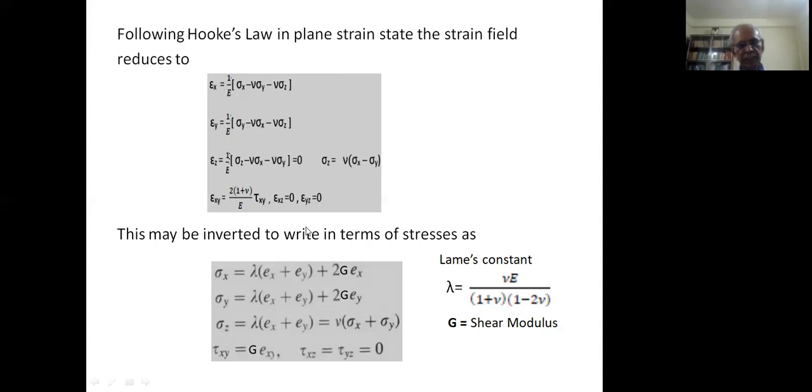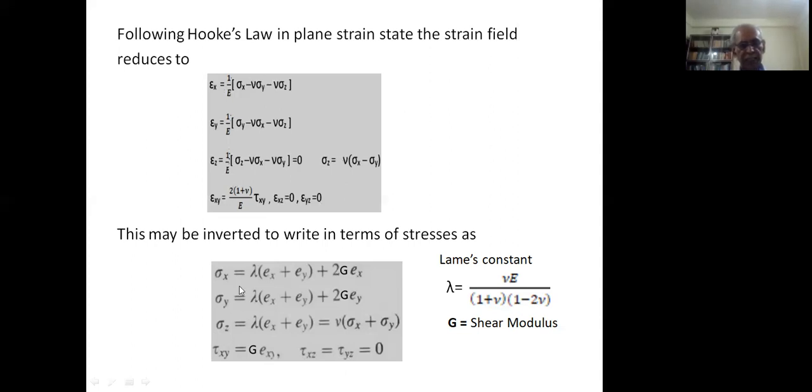Now, this we can again, like the previous problem, invert it, or we can write the stresses in terms of strain, because the last equation is simple to write. All you do is write tau xy is equal to G epsilon xy, but tau xz and tau yz are equal to 0.